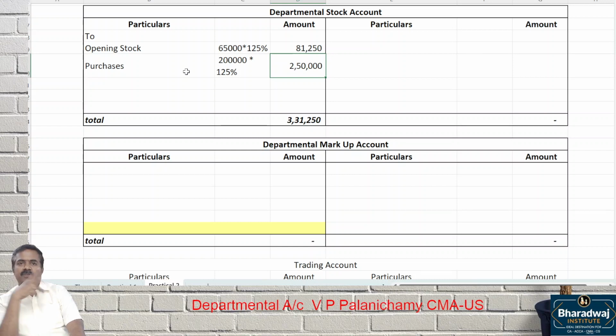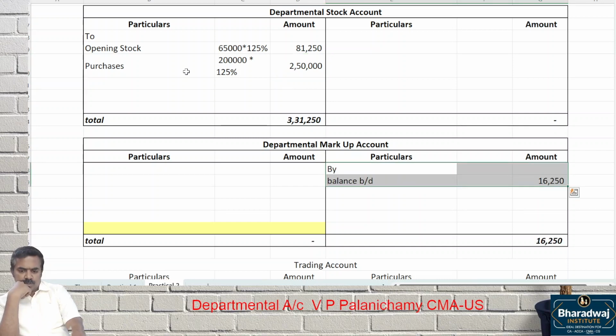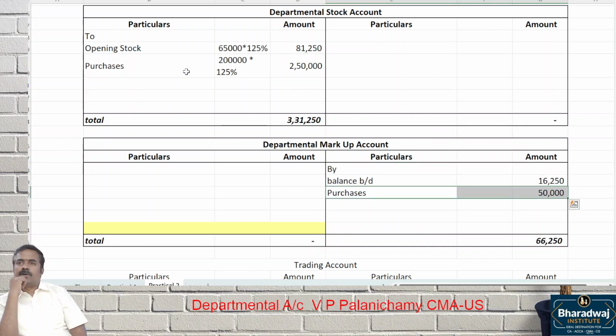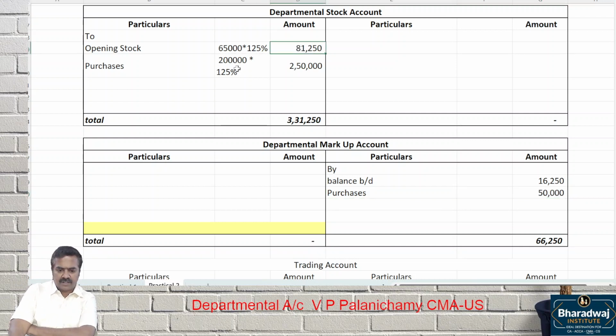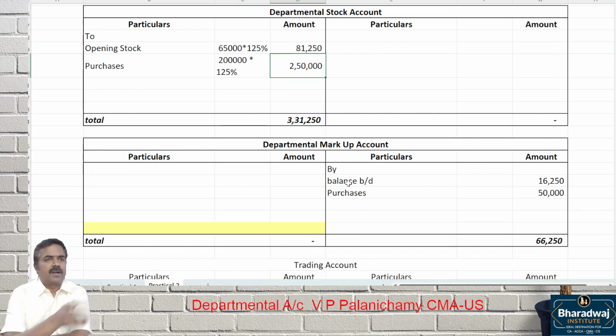65,000 plus 25%, or you can say 125%. 2 lakhs plus 25%. So that will come in which account? Markup account. Opening stock 65,000 plus 25%. 2 lakh plus 25%. Further markup or markdown will be adjusted in the account.